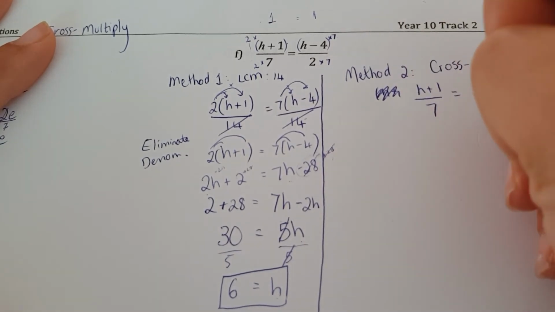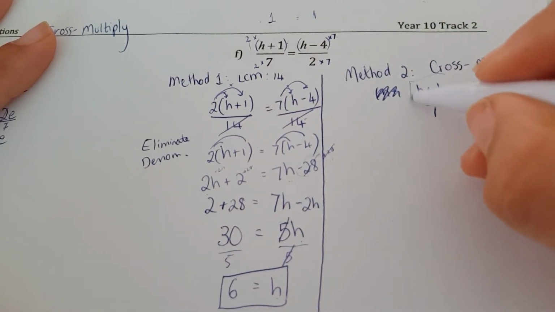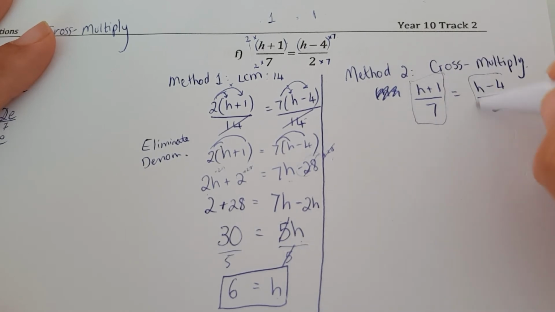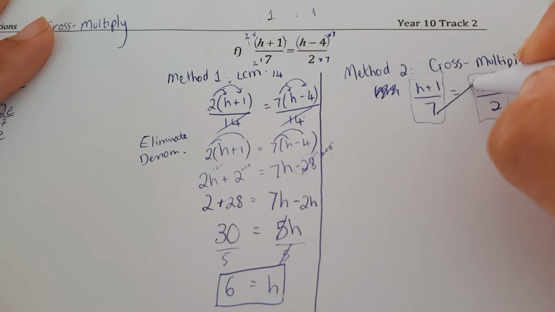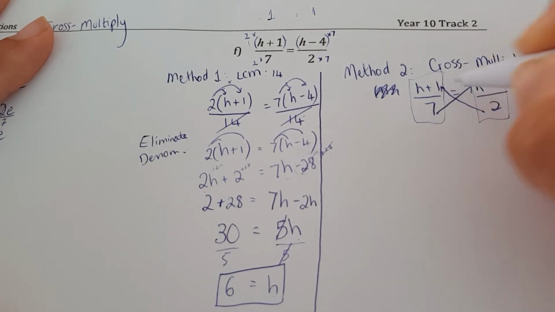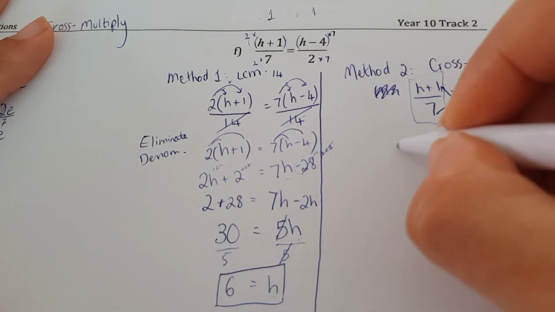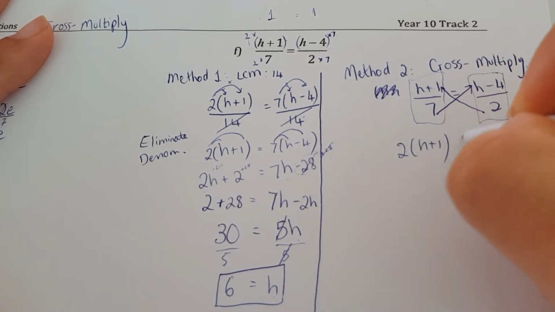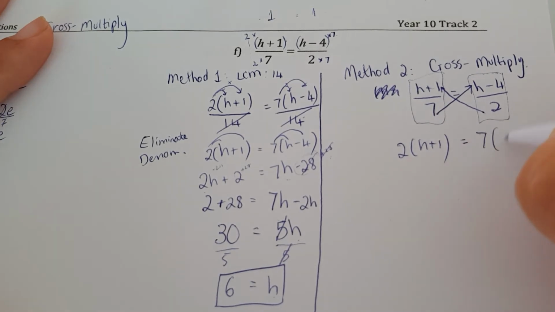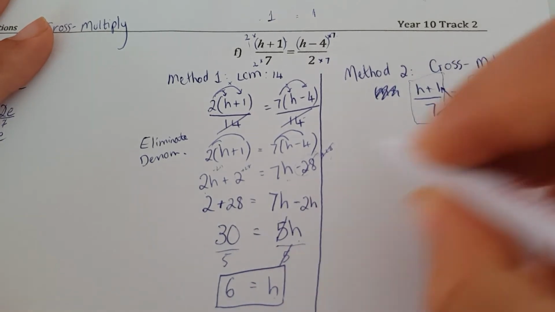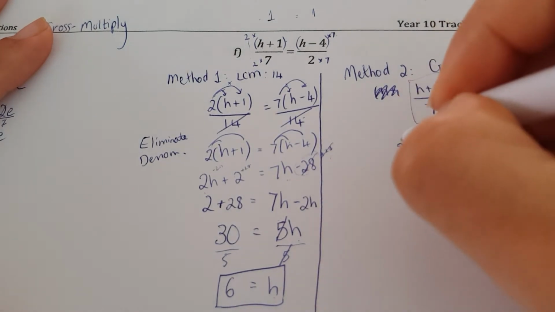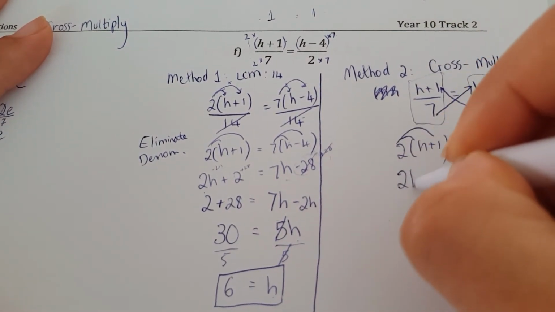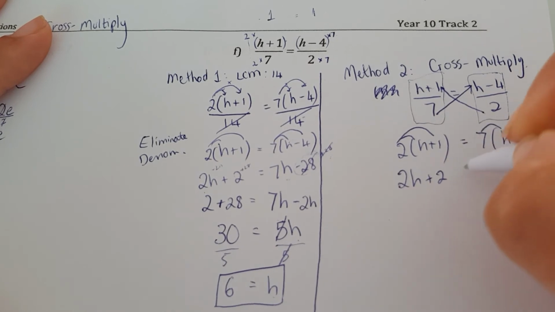For cross multiplication, we said you need to have one fraction equal to one fraction only. So I have 7 multiplied by the numerator of that one, and 2 multiplied by this numerator. 2 times this one, 7 times that one. And if you can see, I get the same thing. And the denominator is eliminated. And then I expand, 2h plus 2, 7 times h.